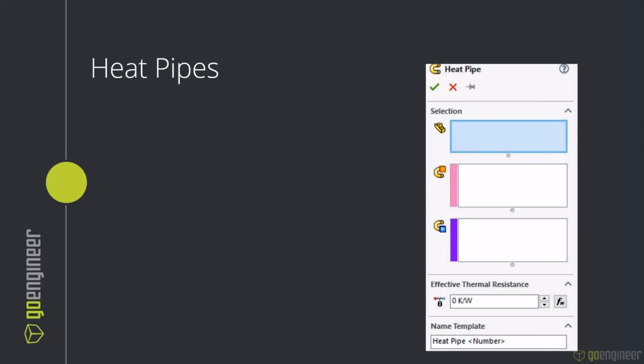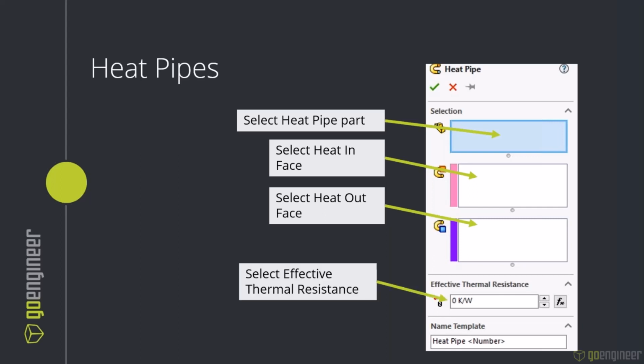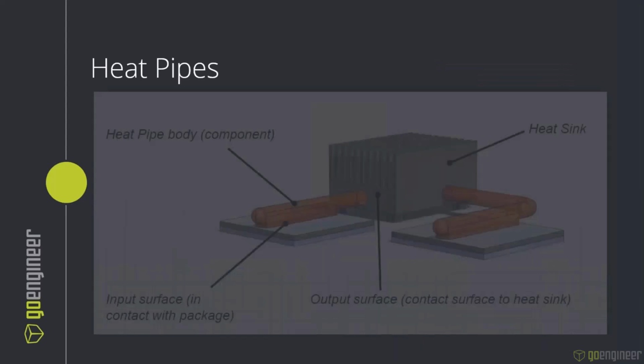So SolidWorks has made the heat pipe basically a simplification tool. The way this works is you create a solid body. I'll show you an example of that momentarily. And then you simply select which part of that solid body is the hot side, and then you select a cold side, so the heat in face and the heat out face, and then you specify its effective thermal resistance. This is what it tends to look like.